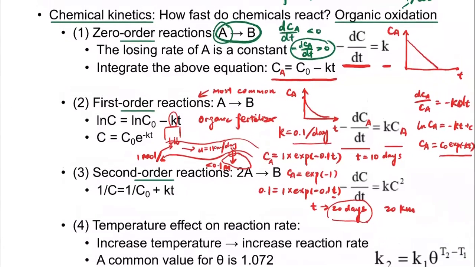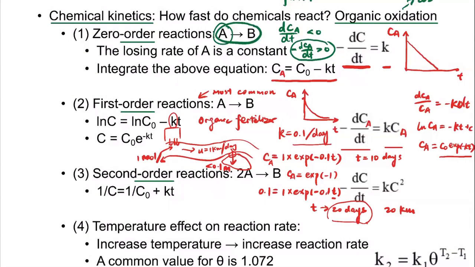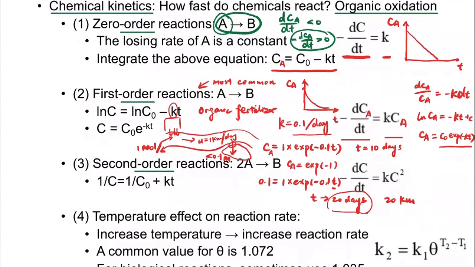Similar to the definition of the zeroth order and first order, we can have the definition of second order reaction, which means that in this reaction rate, the reaction rate is proportional to the square of the concentration of the A species.